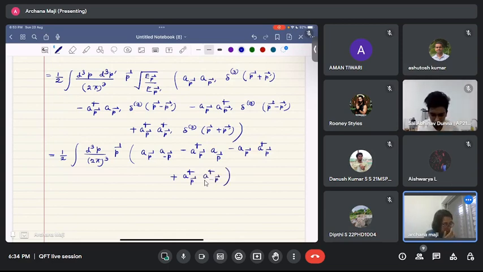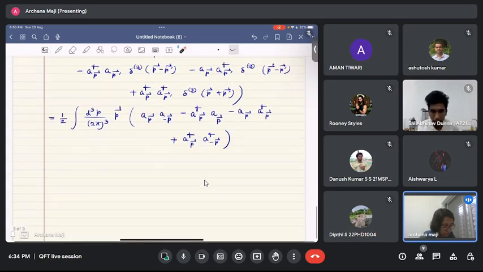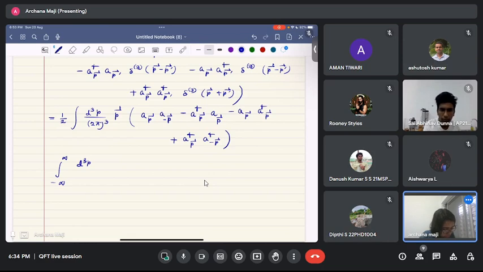Okay. Now note that these two terms, when integrated over d3p, will actually be 0. Why? Let me explain. So this is the integral from minus infinity to plus infinity of d3p, 2 pi q, p, a minus p.